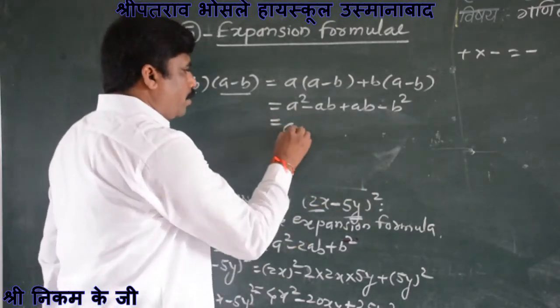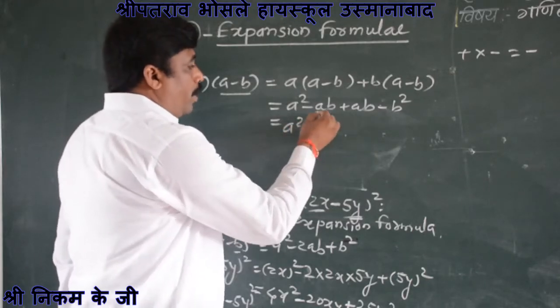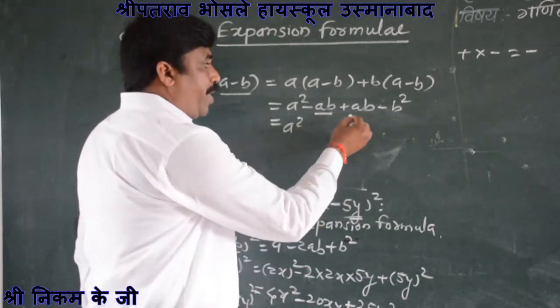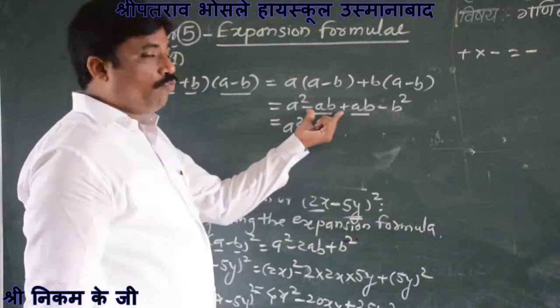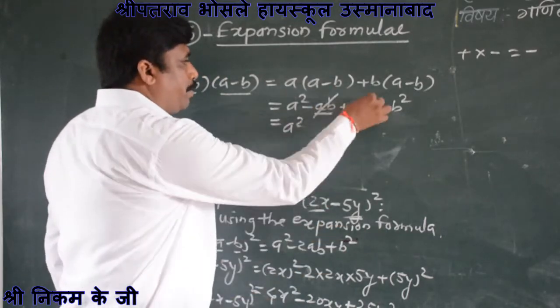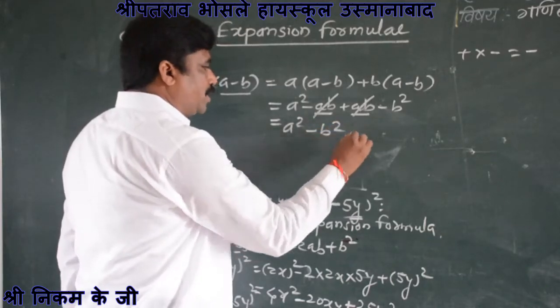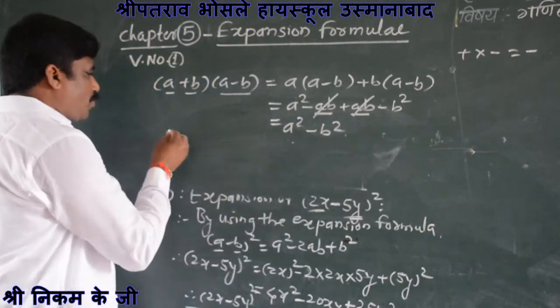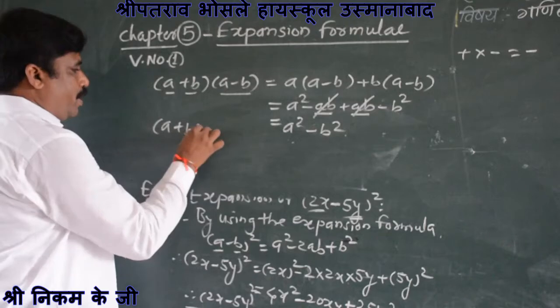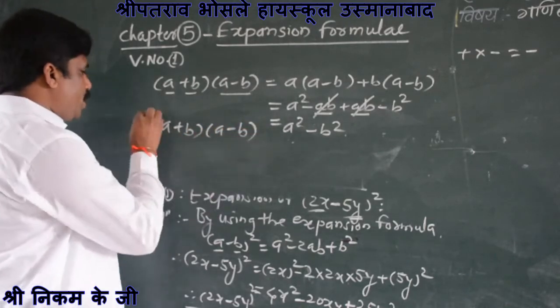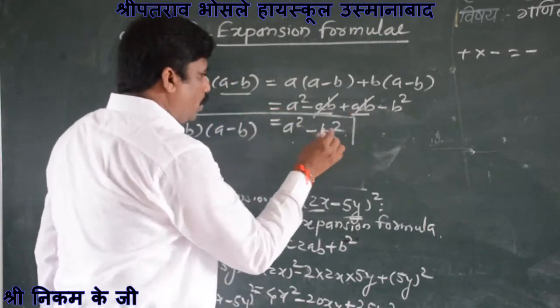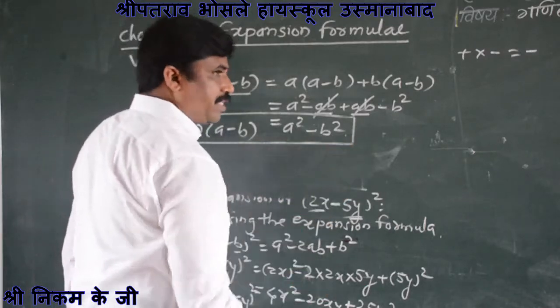Here a square as it is. Here like terms minus ab and plus ab are opposite, so minus ab plus ab gets cancelled. Here minus b square. The expansion of a plus b into a minus b is equal to a square minus b square.